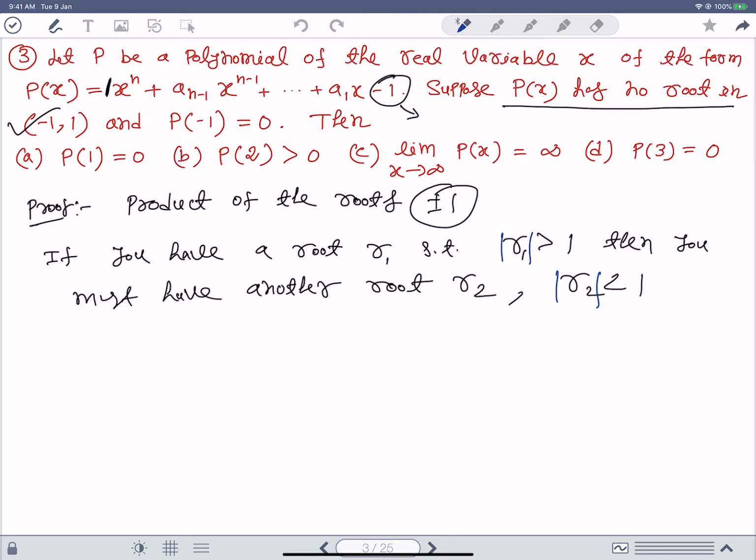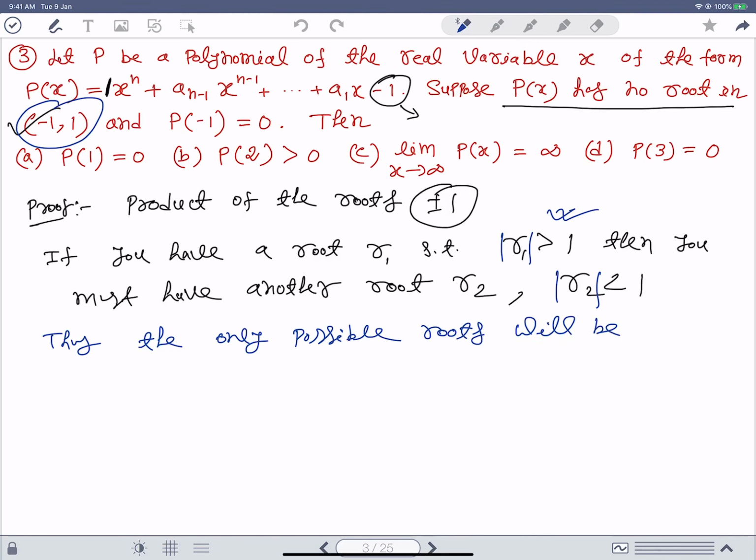Since there is no root in (-1, 1), there is no such root. Therefore the only possible roots will be plus 1 or minus 1, with repetition.